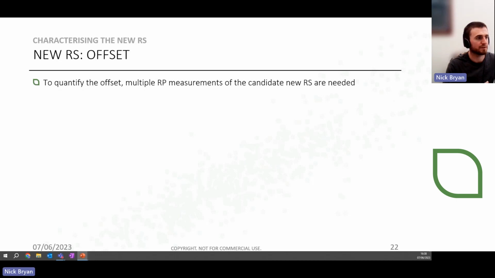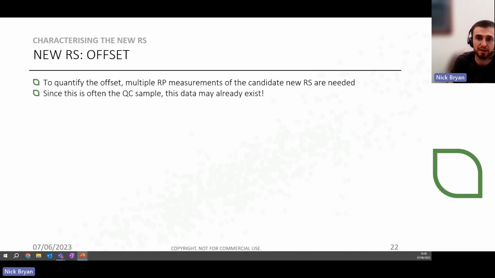In order to quantify what that offset value is, we need to make multiple measurements of the batch that is going to be the candidate for the new reference standard. So we need lots of replicates of our new batch versus our new reference standard versus our old in order to determine the offset.